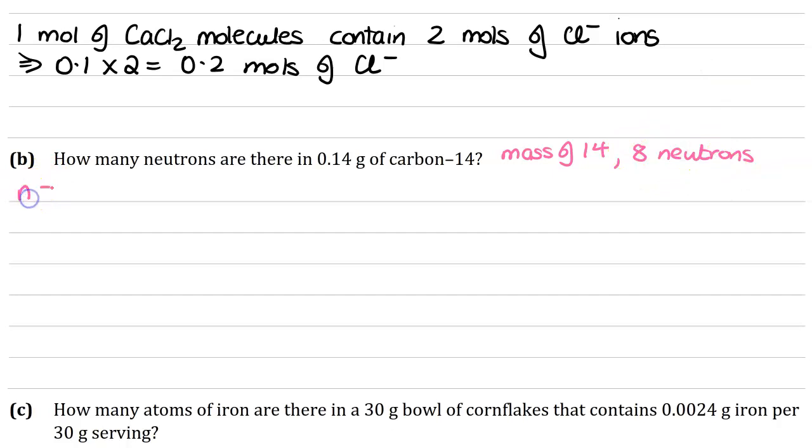So if we go n equals mass over Mr, we're going to have, now be very careful here that you take the 0.14 for the mass we're given, but make sure you divide it by 14 and not 12, because they did tell us it's the carbon-14. Okay, so that's really important.